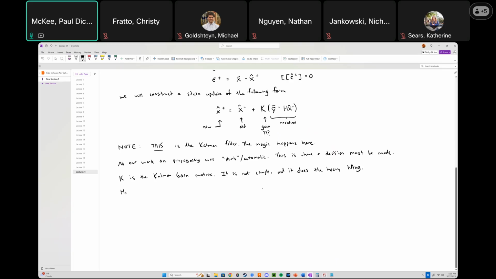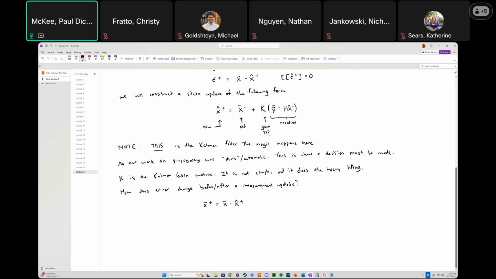How does error change before and after a measurement update? So E plus, this is the error after the measurement update, is truth minus X hat plus.